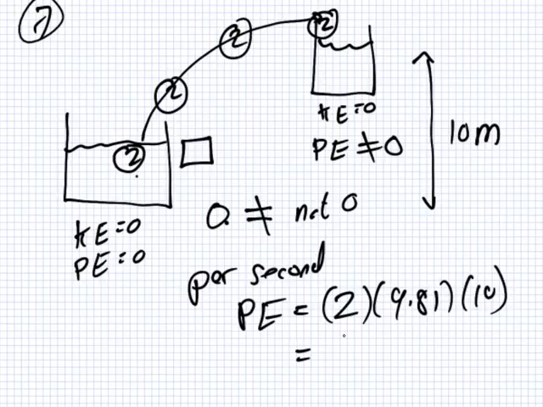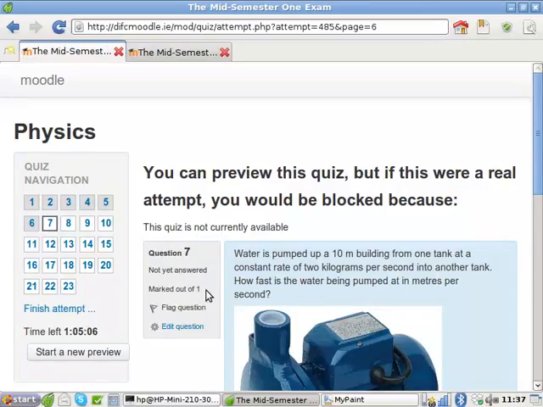What's that? 196.2 joules every second. Now, what was I looking for? How fast is the water being pumped in meters per second?